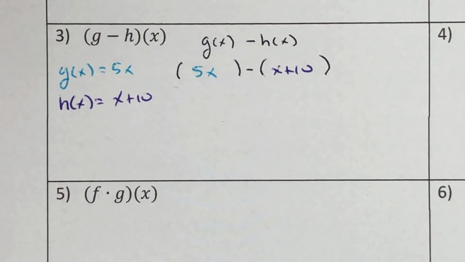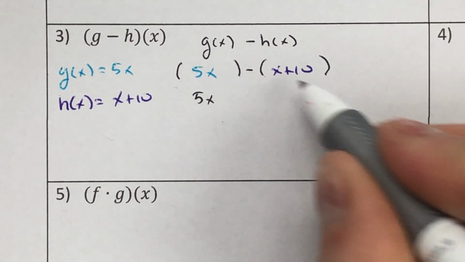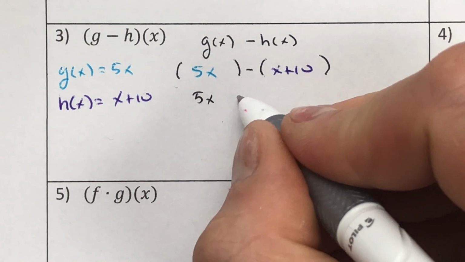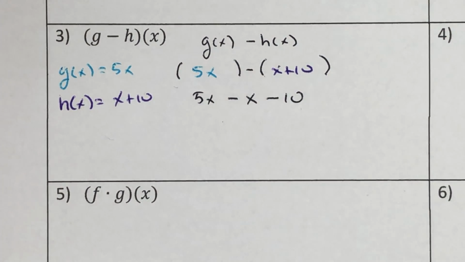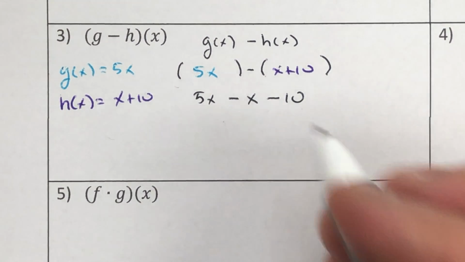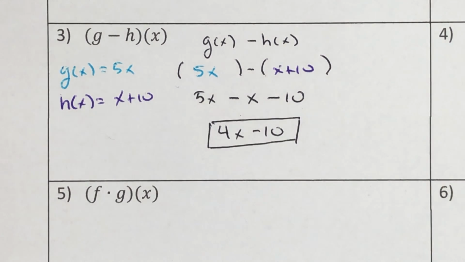This sets things up a little easier to spot. I know that I'm going to be taking 5x, and I'm going to distribute that negative to both of these terms, which makes that minus x minus 10. I can then combine my 5x minus x into a 4x minus 10, and there we go.